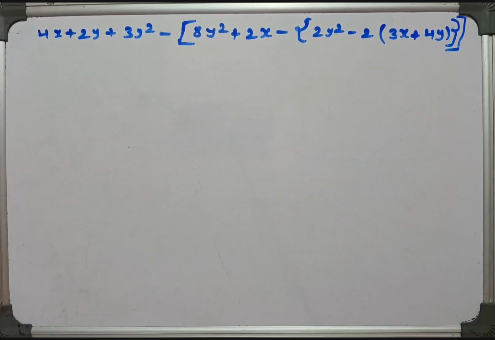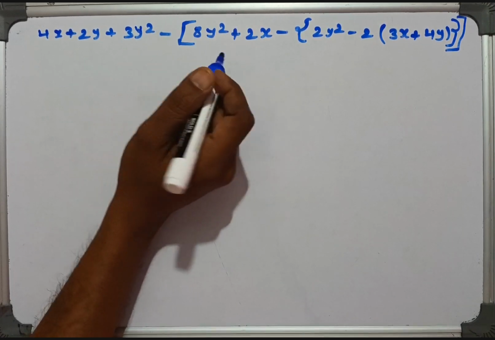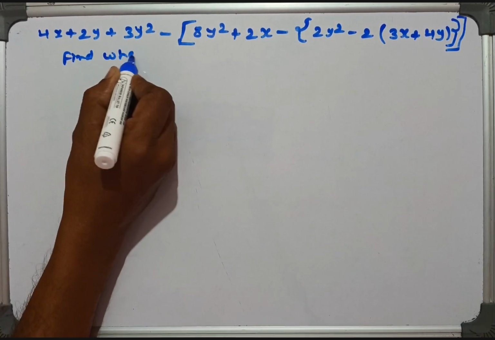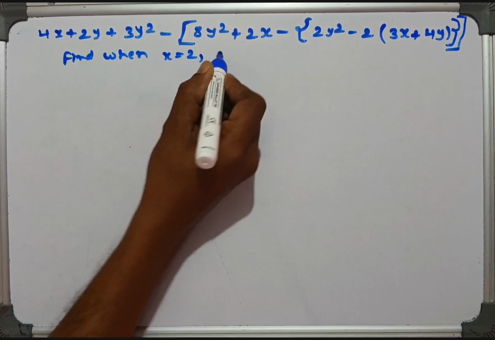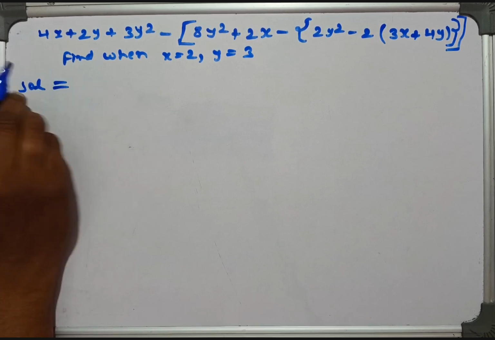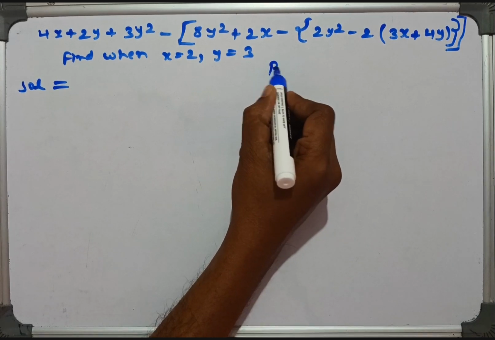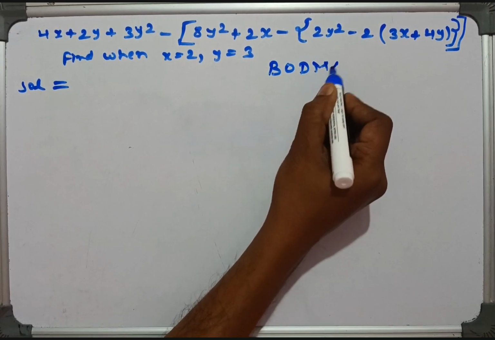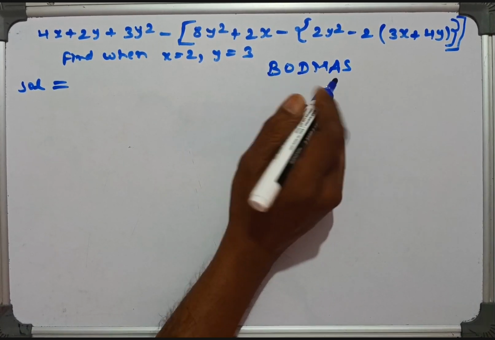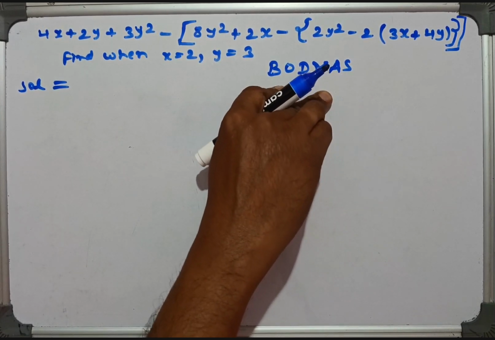Now solve or simplify this and find the value when x equals 2 and y equals 3. So solution: first of all we simplify this expression. We use here the concept of BODMAS. I have already uploaded a video on this topic, and the link is given in the description box.